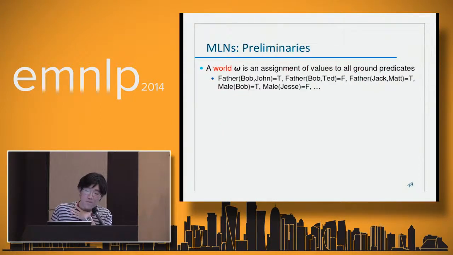Some more terminology. A world omega is an assignment of values to all the ground predicates. For instance, a world may assign the value true to the ground predicate father(Bob, John). It may assign the value false to father(Bob, Ted), etc.